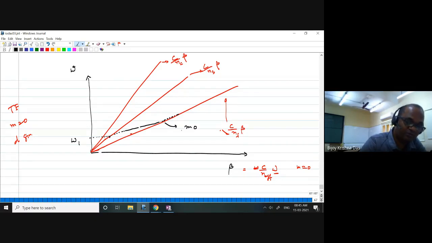That is the m equal to 0 solution. Then for m equal to 1 you will get something like this, so this will be your omega 2, the cutoff for the second mode. This is for m equal to 1, and this is for m equal to 2, and this will be the cutoff omega 3.